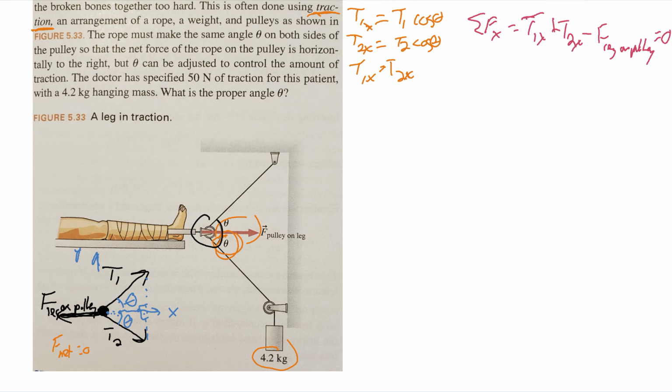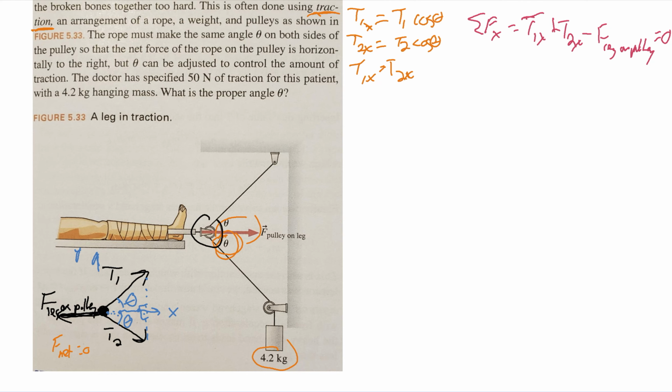So they are both positive. I was just thinking that if you were to move it to another side, it wouldn't show that they're equal. But I wouldn't want to move it to the other side. I'm just setting up the sum of the forces in the x direction. T1x is in the positive direction, T2x is in the positive direction, so I have T1x plus T2x.